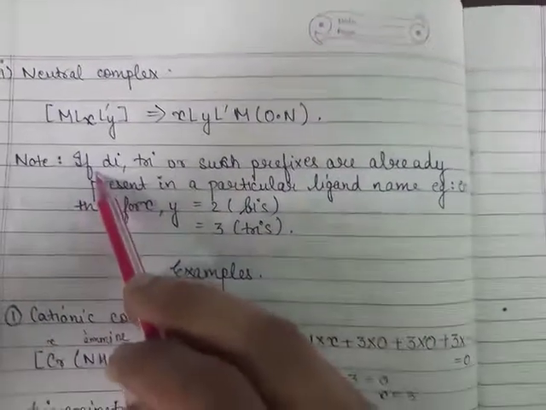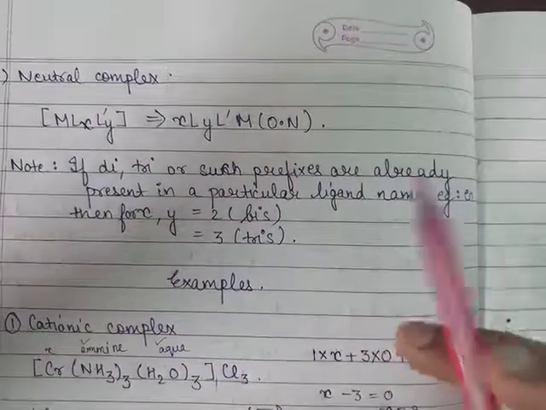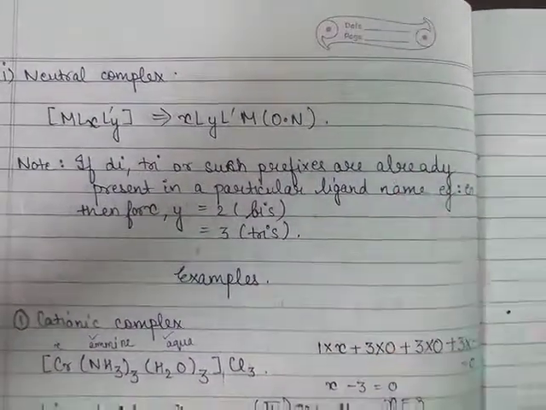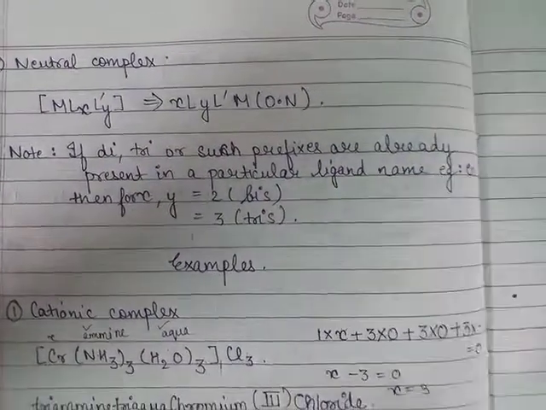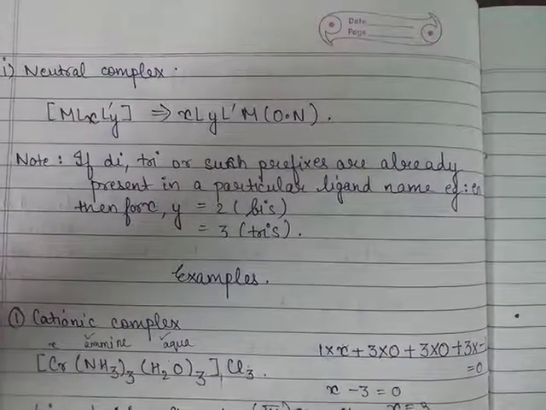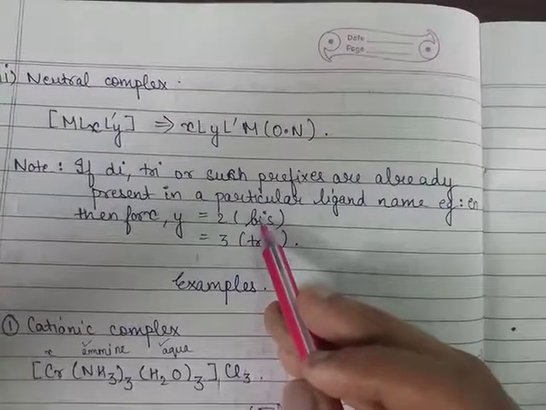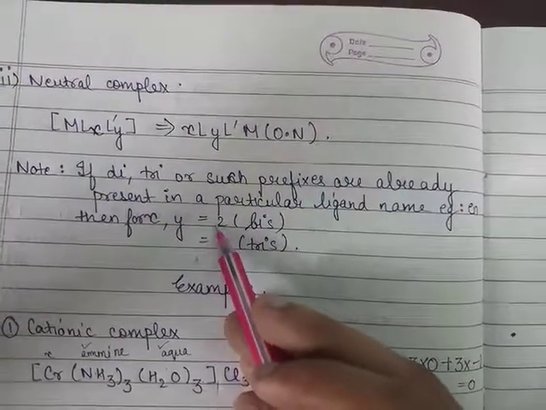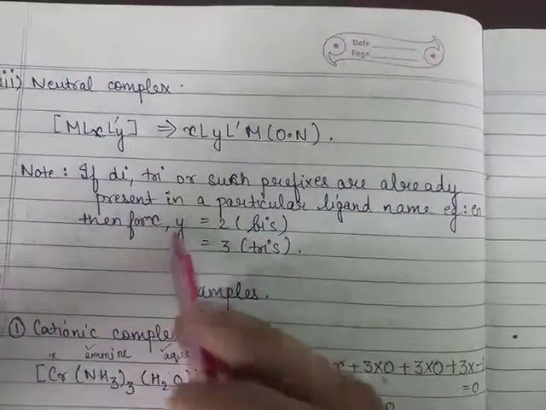If di, tri or any such numerical prefixes are already present in the name of the ligand itself, then while talking about the number of ligands present in the coordination compound, we'll be using bis instead of di for 2, tris instead of tri for 3, and so on.